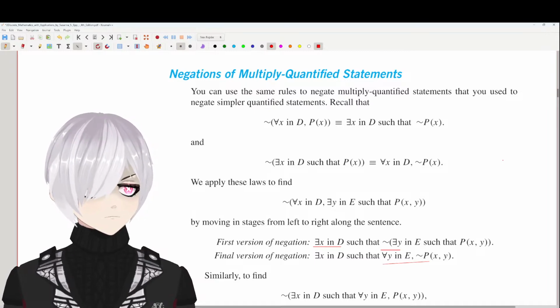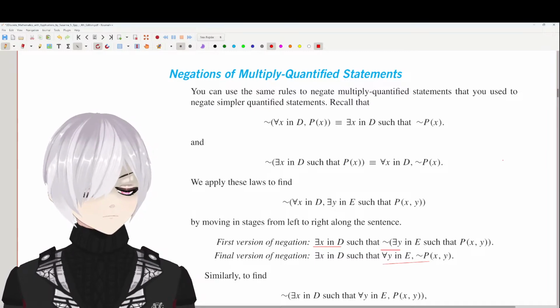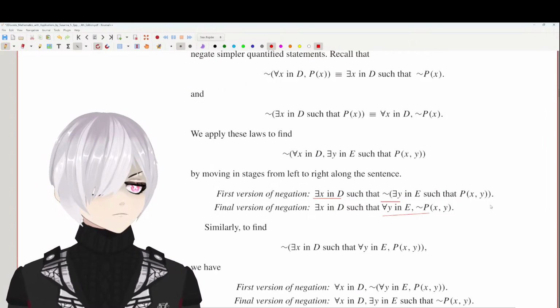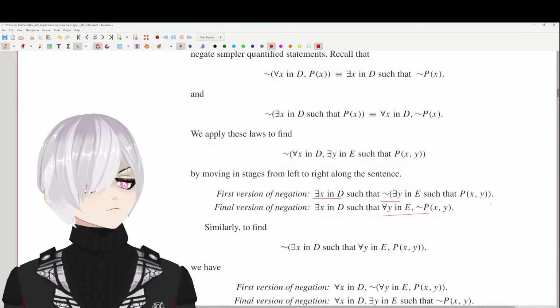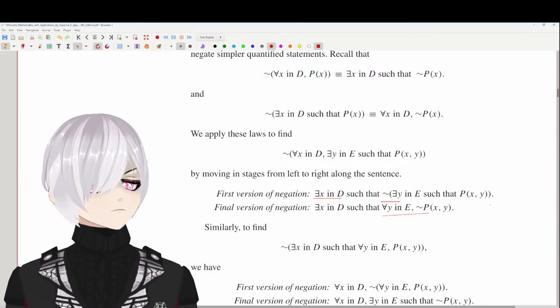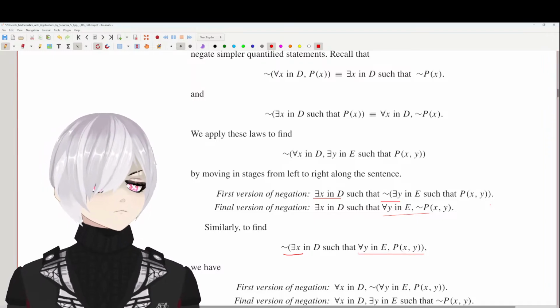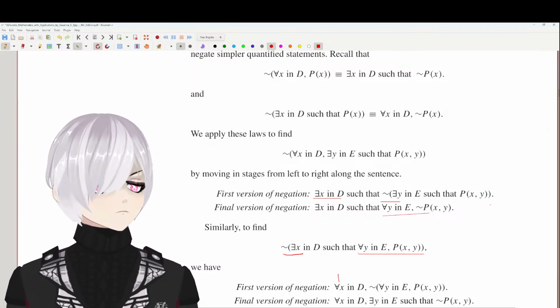And then we can do it again for the next one, where you have a there exists followed by a for all. So similarly, to find not there exists an x in D such that for all y in E, P of x, y: the first step, we're negating an existential, so we're going to have for all x in D, not for all y in E, P of x, y.